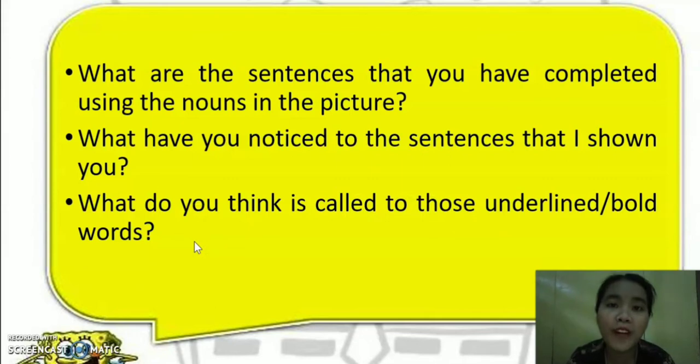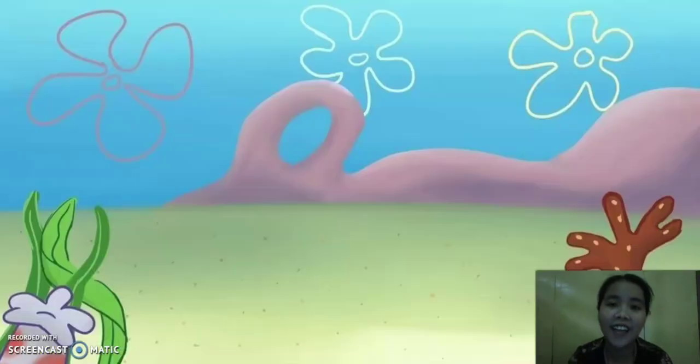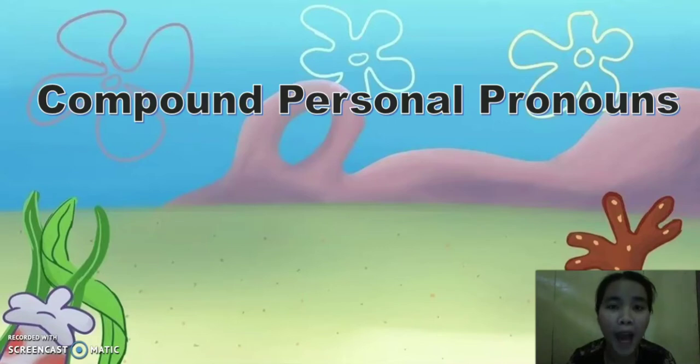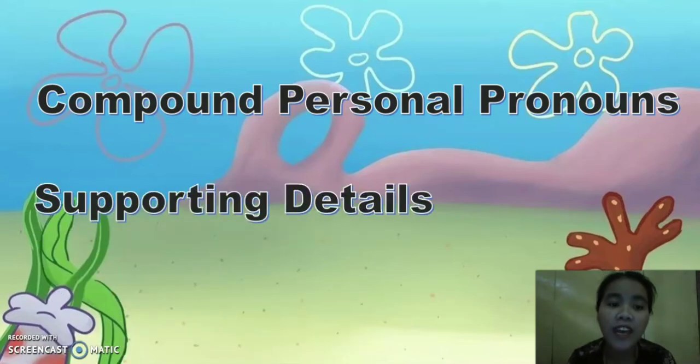So prepare your answers to these following questions, okay? Very good. Okay, now class, today we are going to learn about compound personal pronouns and supporting details. So these are the 2 lessons that we are going to learn today.